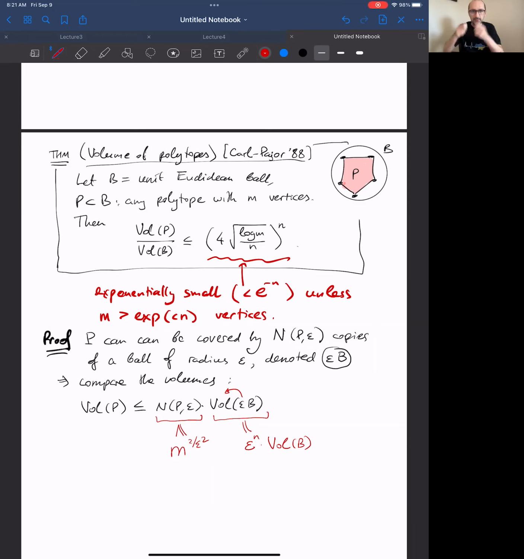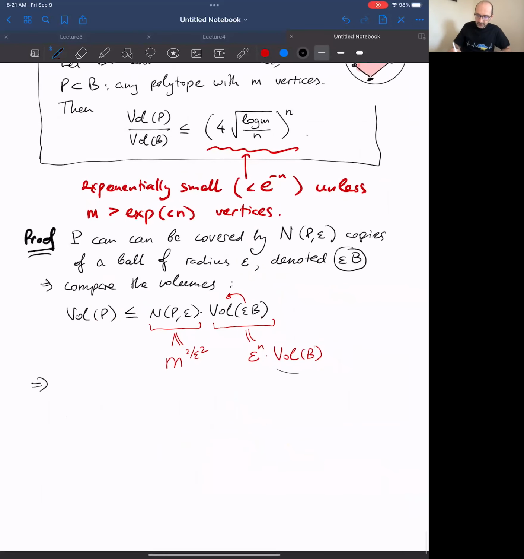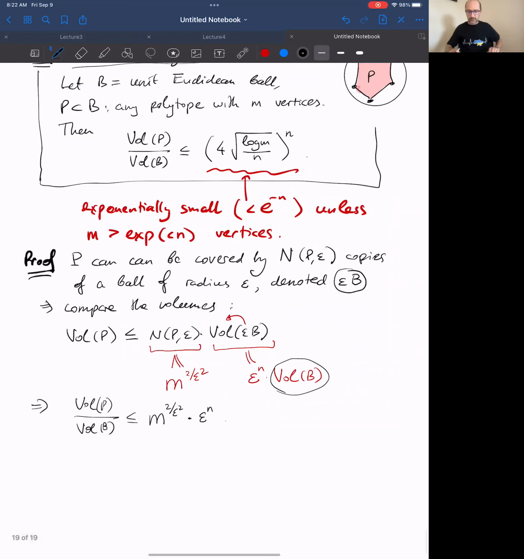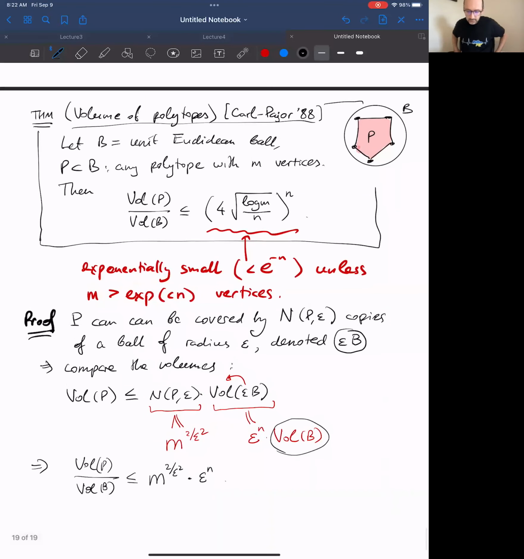The area scales like epsilon squared, the volume like epsilon cubed in three dimensions, generally epsilon to the n. So when you compare now, let's just divide by the volume of B and move it to the other side. The ratio of volumes is then m to the 2 over epsilon squared times epsilon to the n. Okay, so this is the volume ratio.